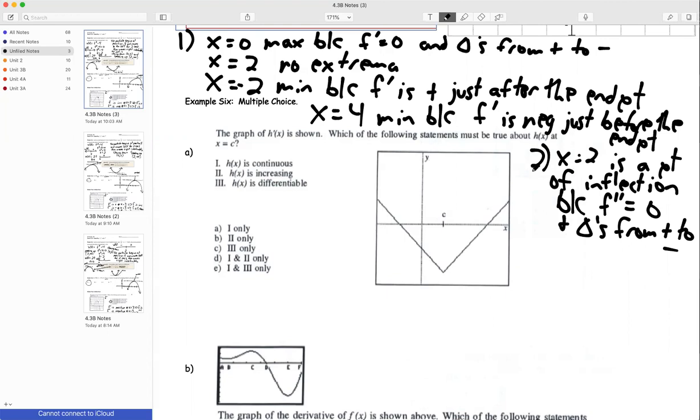Why don't you collaborate with your friendly calculus neighbor there? See if we can figure these out.